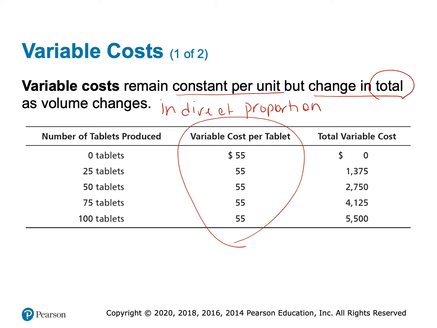You'll also notice that when we make 25 tablets, the cost is $13.75. But when we double that to 50 tablets, the cost doubles to $27.50. So that again is our clue that this is a variable cost, because as volume doubles, so does the total cost.